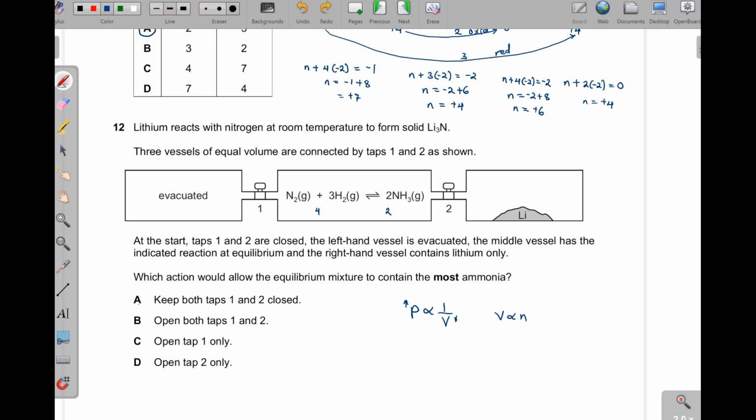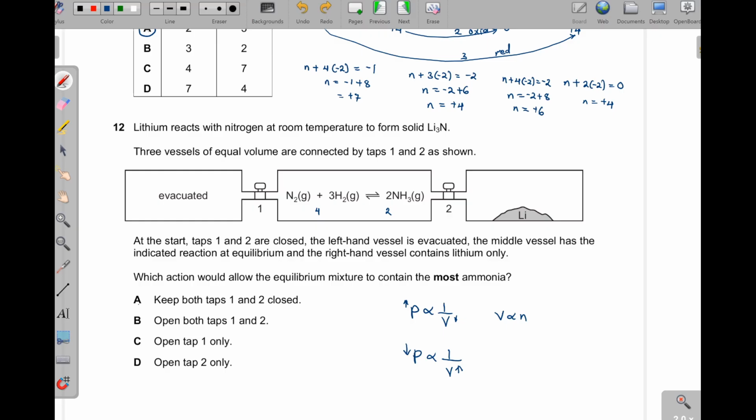Now, when you increase the volume, that means pressure will have to reduce. So if pressure reduces, then you will go to the side with many number of moles. So the equilibrium will be shifting to the left side, meaning you will be getting less ammonia. So that means where there is tap 1 open, I will cross it.